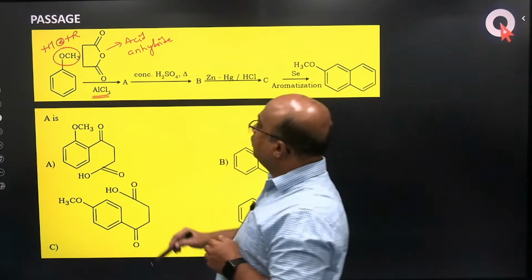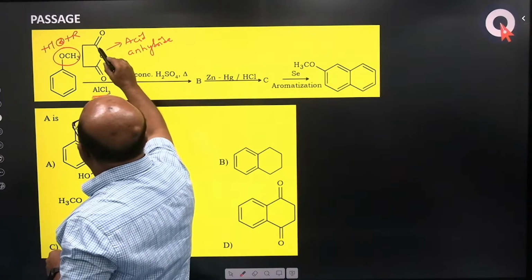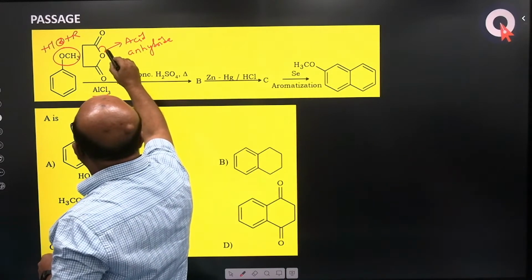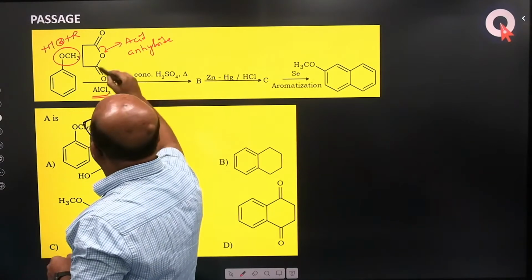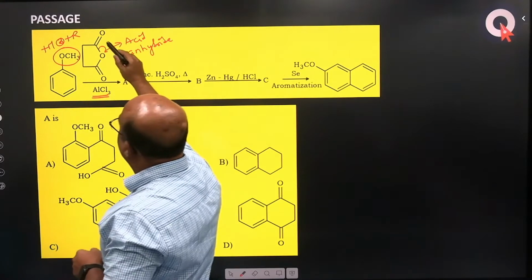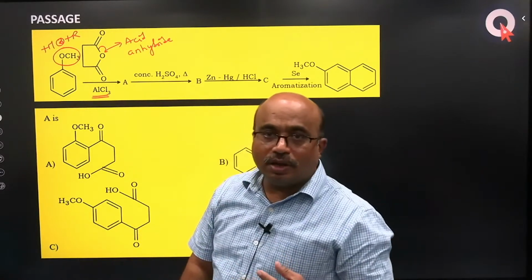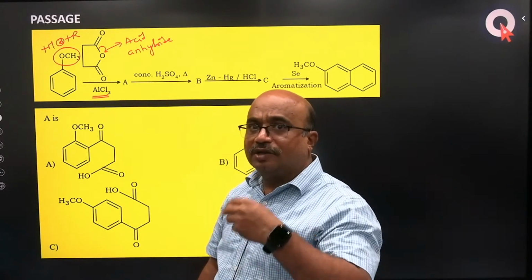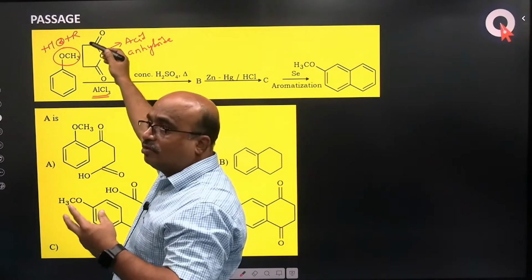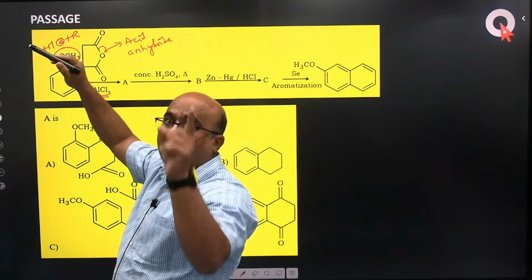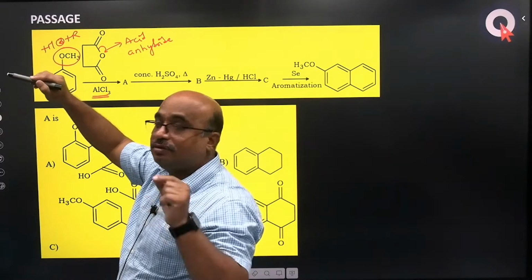Where you will see this acyl, this carbon carbocation will form because the oxygen of this is coordinated to AlCl3, then this pi bond will shift, the sigma bond will shift in between them. So that you will get a CO+ at a particular place. Then that CO+ is substituted at the para position to OCH3.